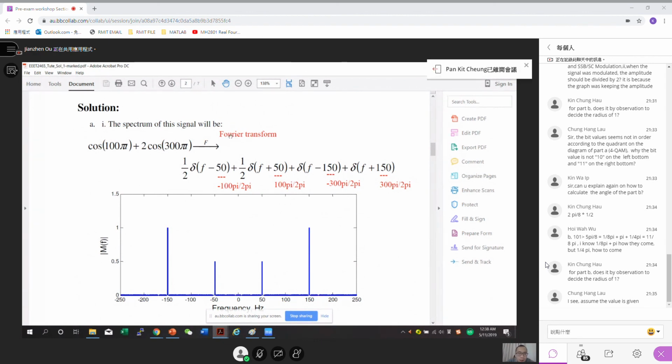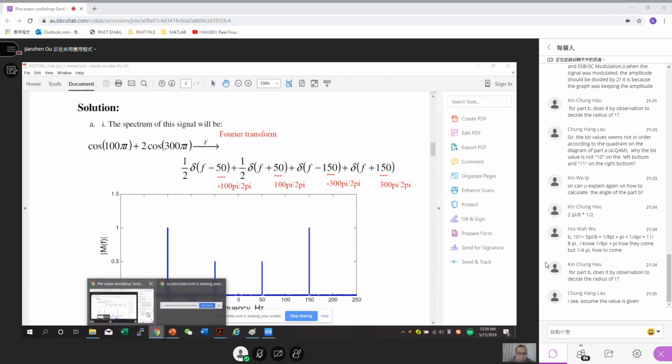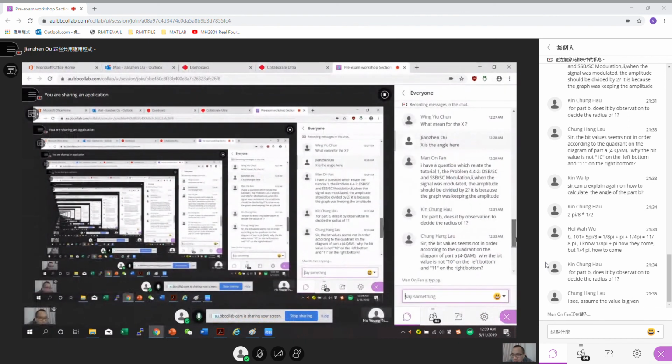It's not about the graph keeping the same; it's regarding the calculations using the Fourier transform. So this is the rule. If you're not sure, you can go to Wikipedia to look for the Fourier transform operation rules, and I'm pretty sure the textbook also explains it very well. So this is the mathematical calculation. It's not because the graph says something like that. So did I answer the question?